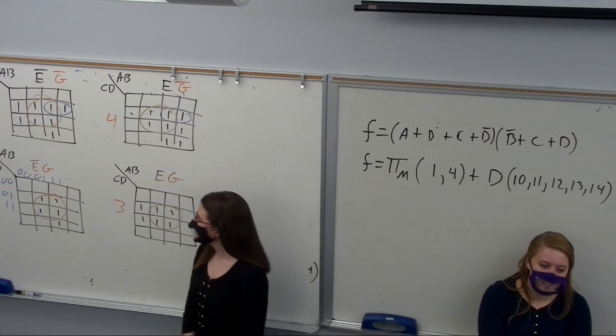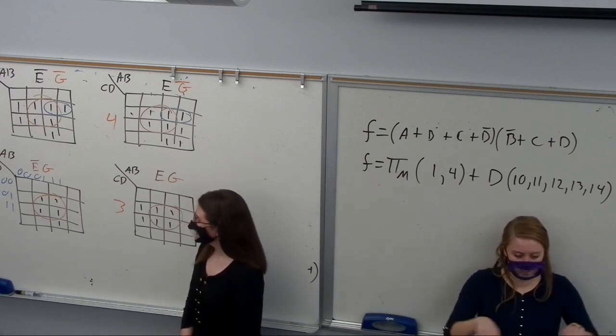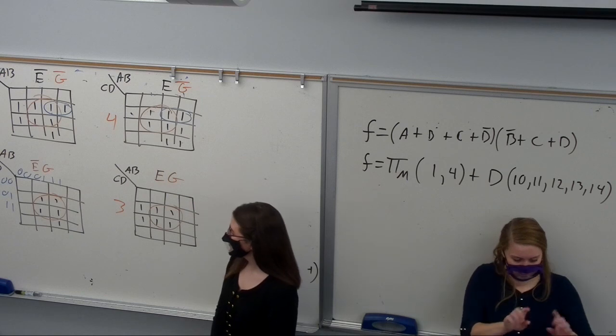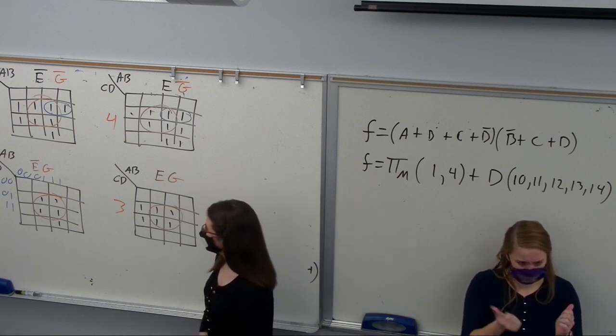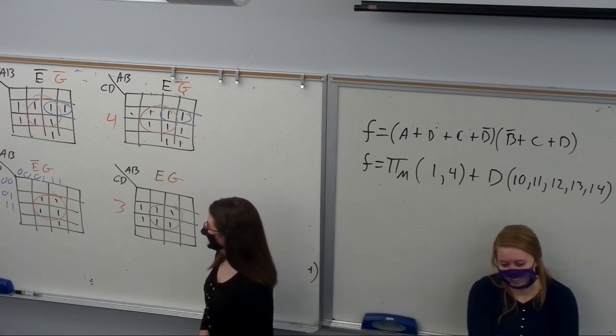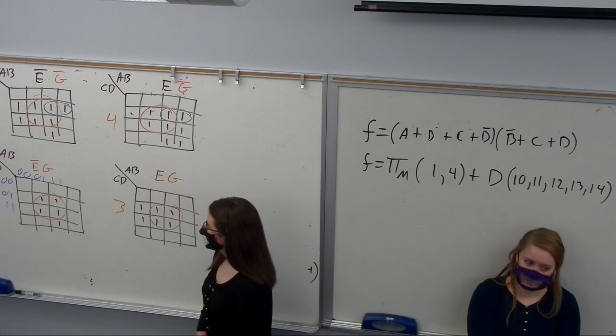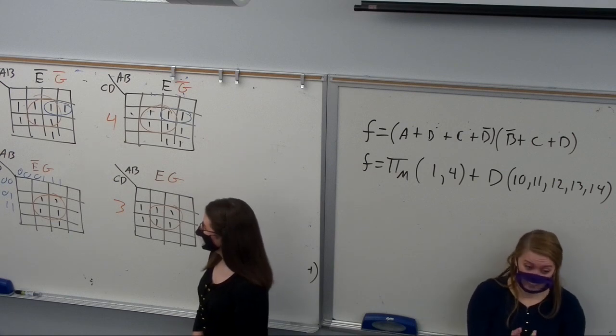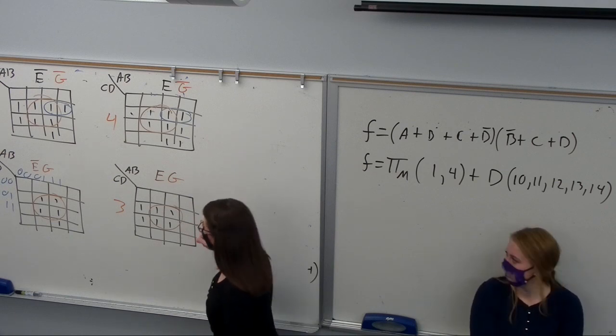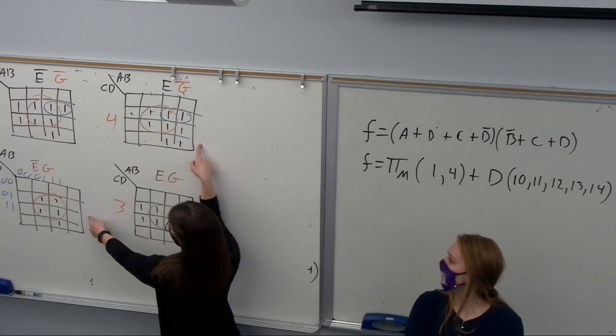And so then my implicants are doing stuff like this. Or in the case of the big one, it's doing that. The reason this one is included is because it's logically adjacent to these ones.